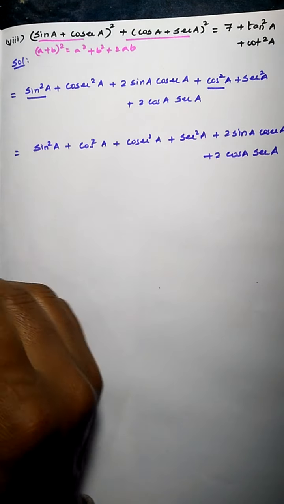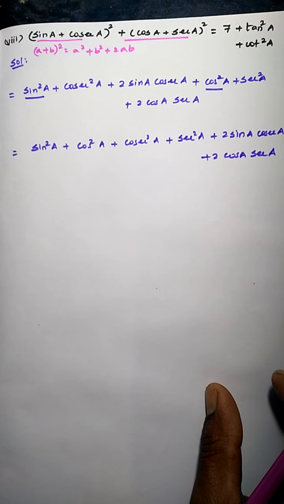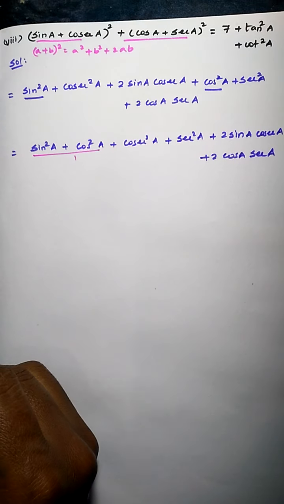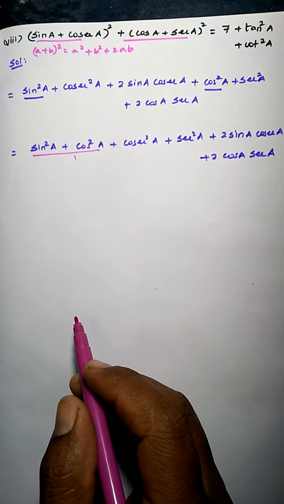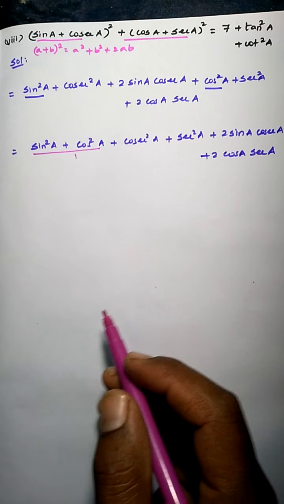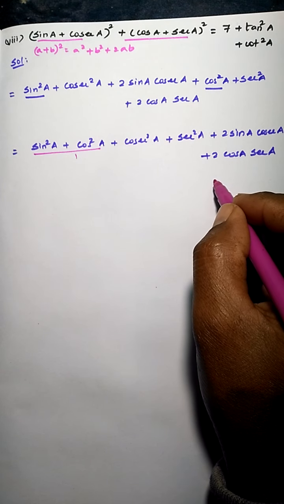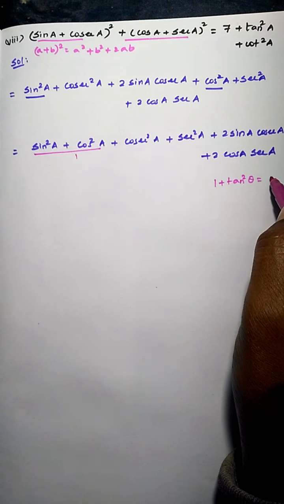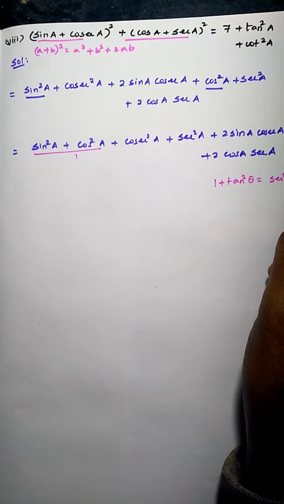Now by one identity, sine square theta plus cos square theta, the value we know is 1. And another formula we have here, formulas I'll write here: 1 plus tan square theta equals secant square theta.